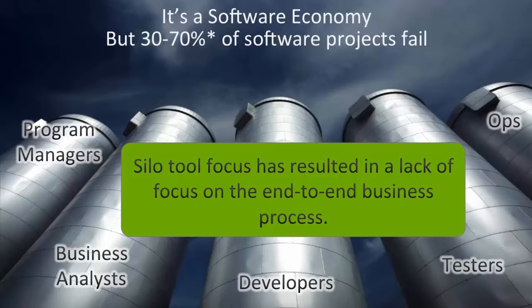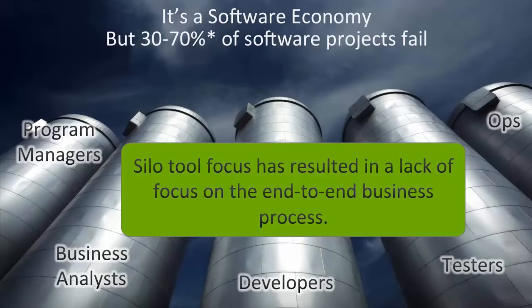Testers have been focused on the idea of the testing center of excellence. In operations, with ITIL, there are a lot of really good best practices and a lot of improvement in the way that we've done things within these silos. There are also tools that specialize in these individual silos. But the problem is there's no flow, there's no traceability back and forth across those silos.